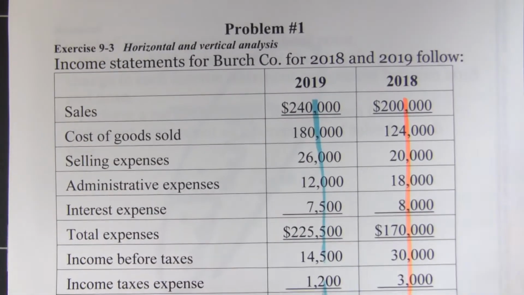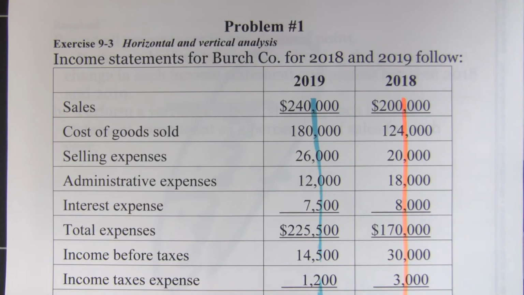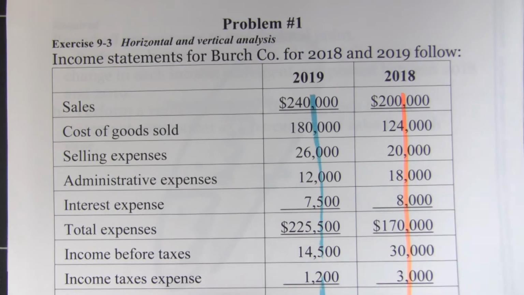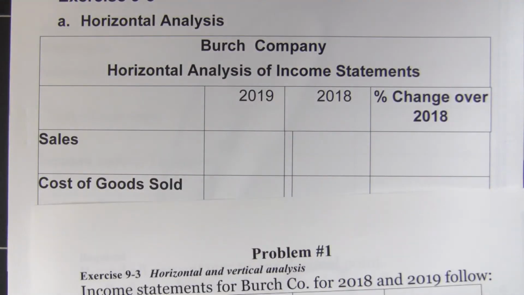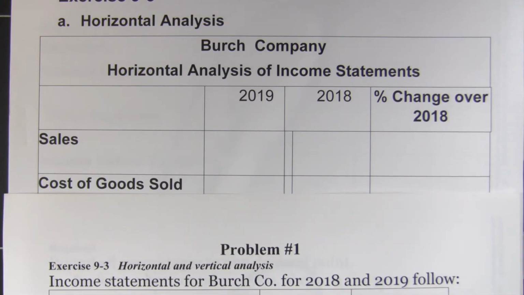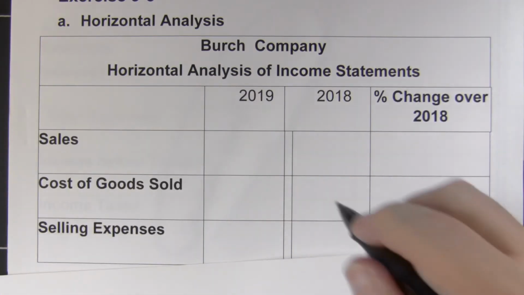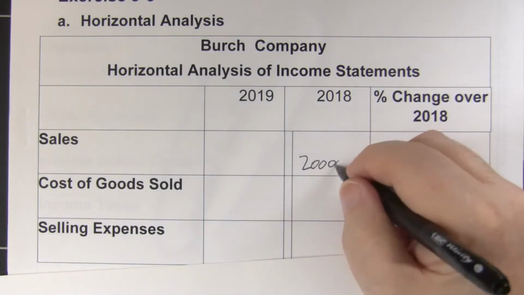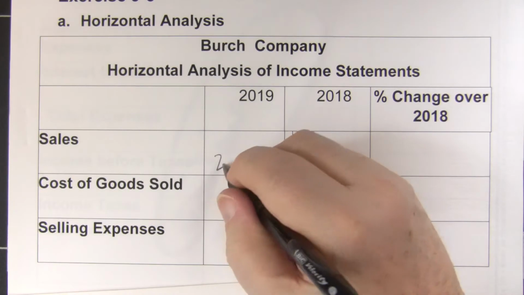So, we want to know first, what was the difference in the sales from 2019 from 2018? So, picking a method you like, I'm going to take the $40,000 difference because 2018 was 200,000. 2019 was 240,000.